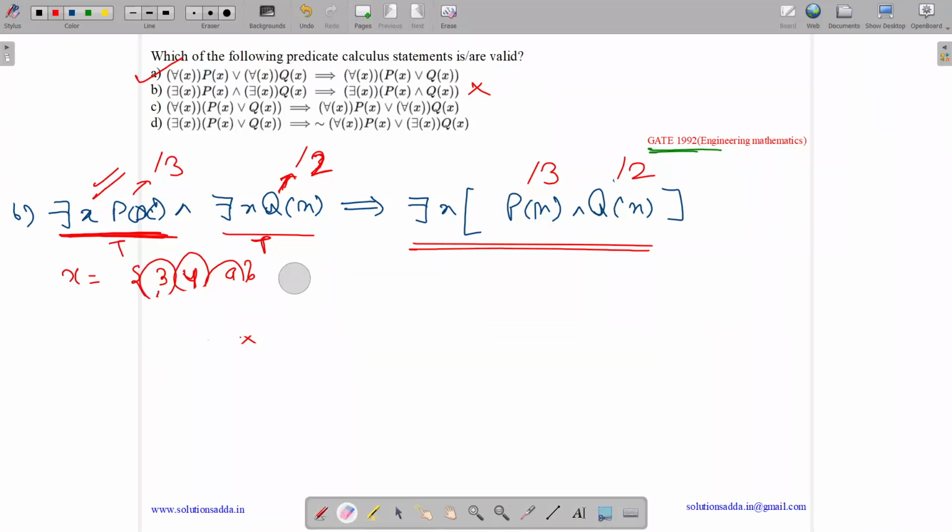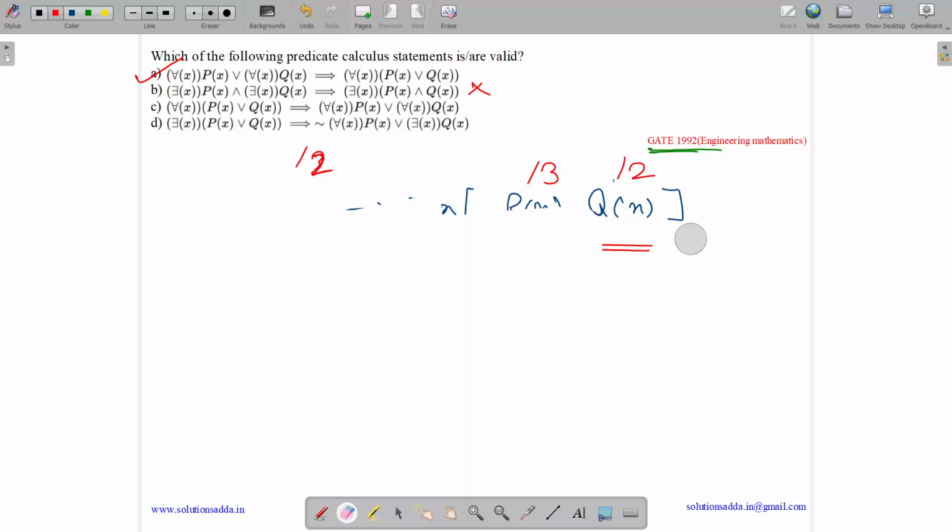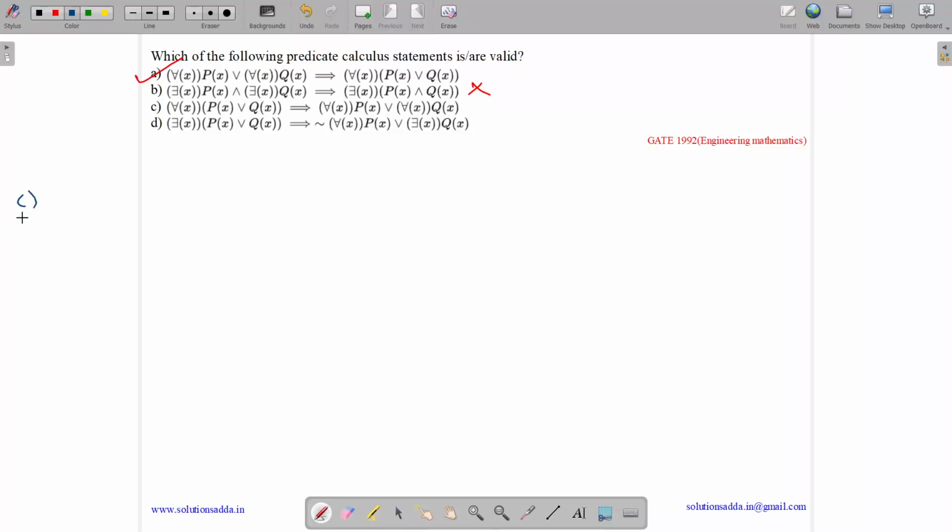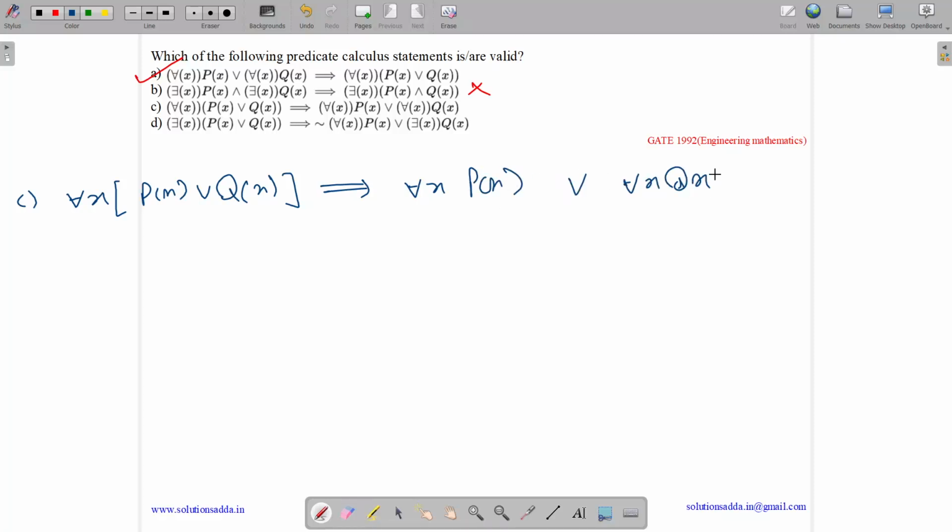Let us see option C. Option C says for all x, px is true or qx is true. Then this implies for all x, px is true or for all x, qx is true.